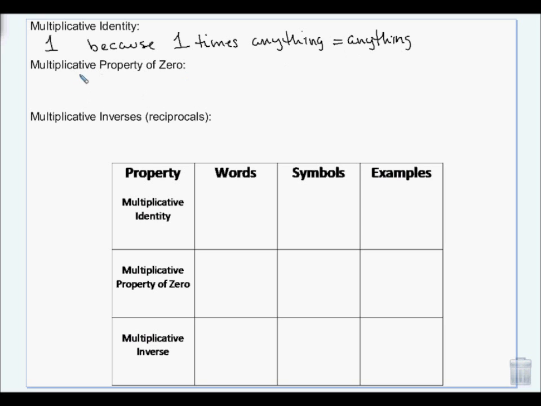And then you have the multiplicative property of 0. The multiplicative property of 0 says that when you multiply anything by 0, it equals 0.